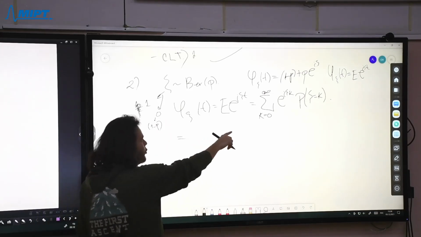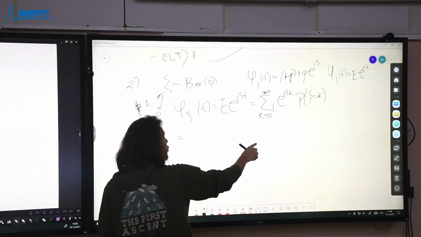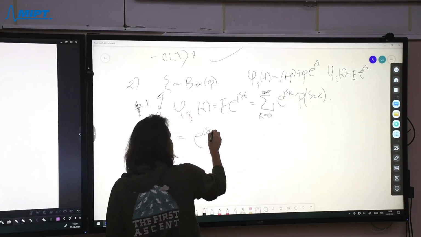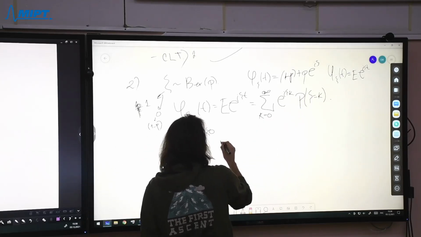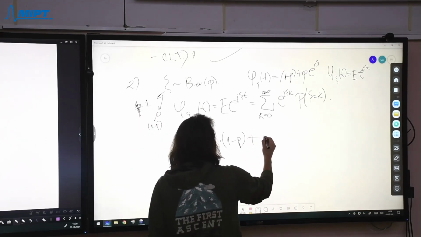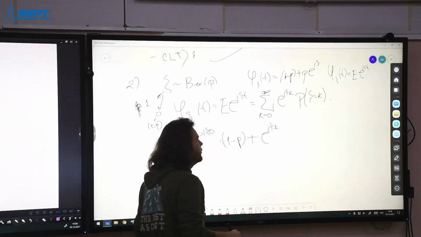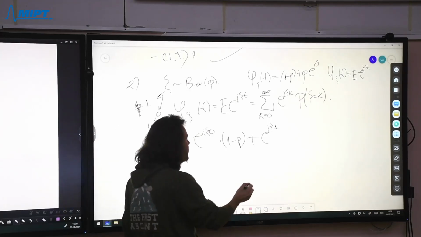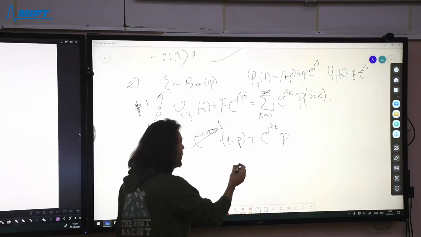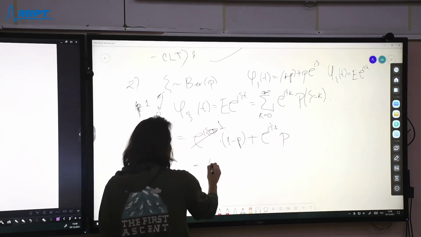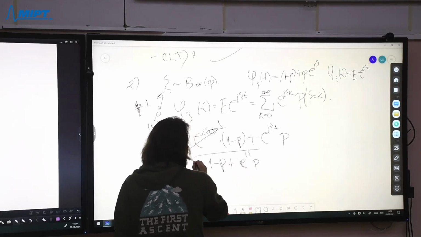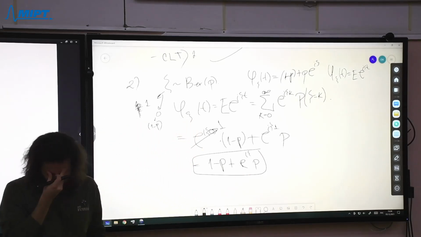So we take k being 0: e to the I psi 0 times the probability that psi is 0, which is 1 minus p. This is the first value. Plus e to the I psi 1, and the probability that psi is 1, which is p. So e to the 0 is 1, and this is just e to the IXC. So this is 1 minus p plus e to the IXC times p. Now is it clear?